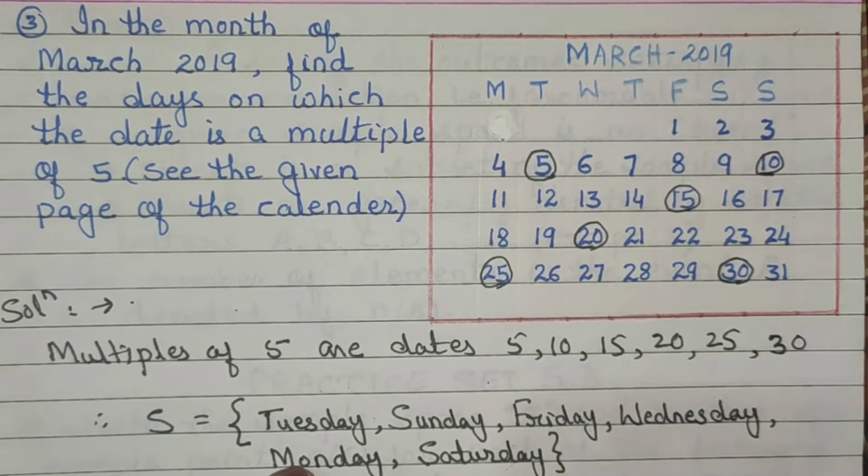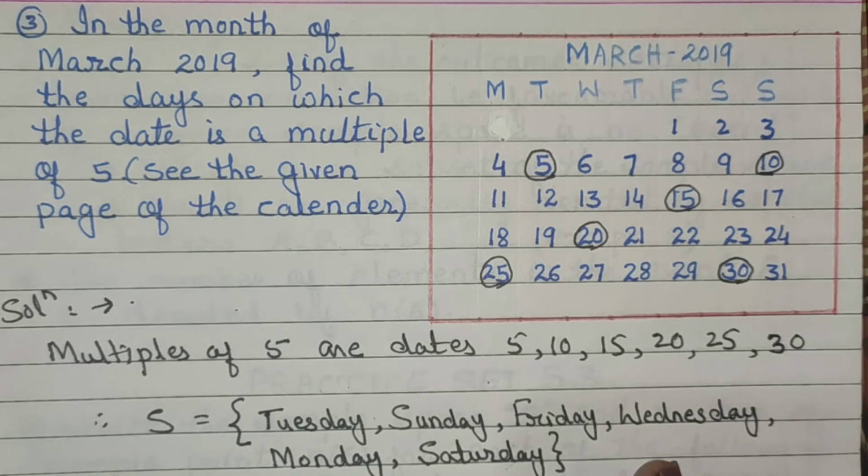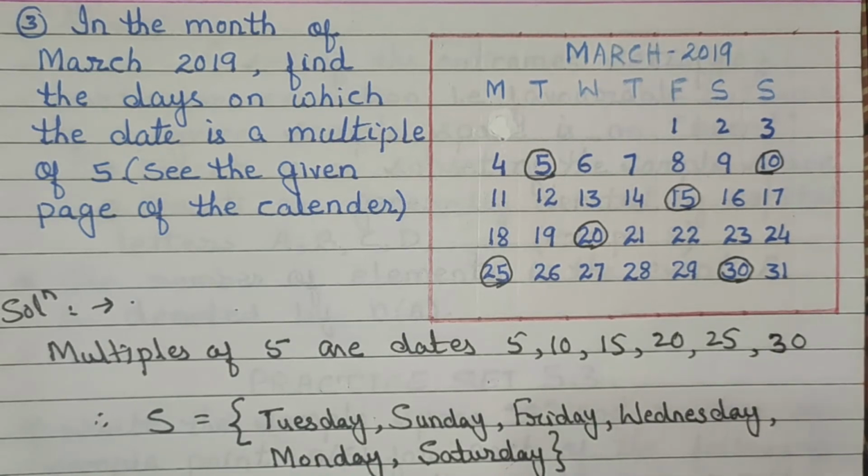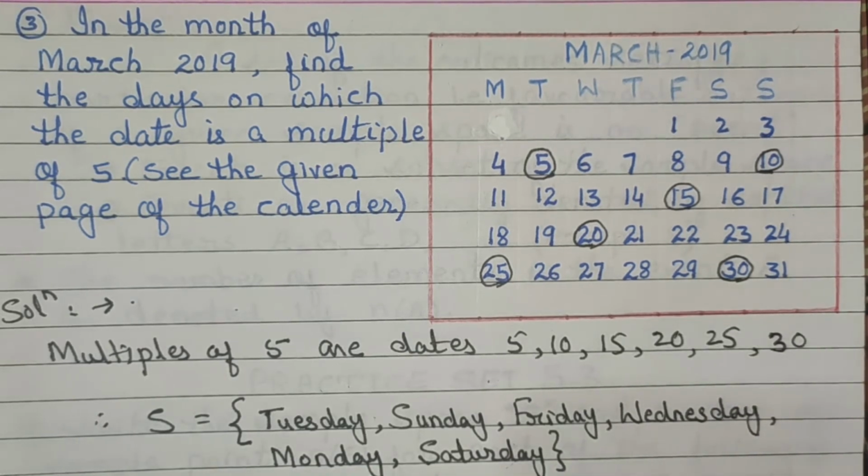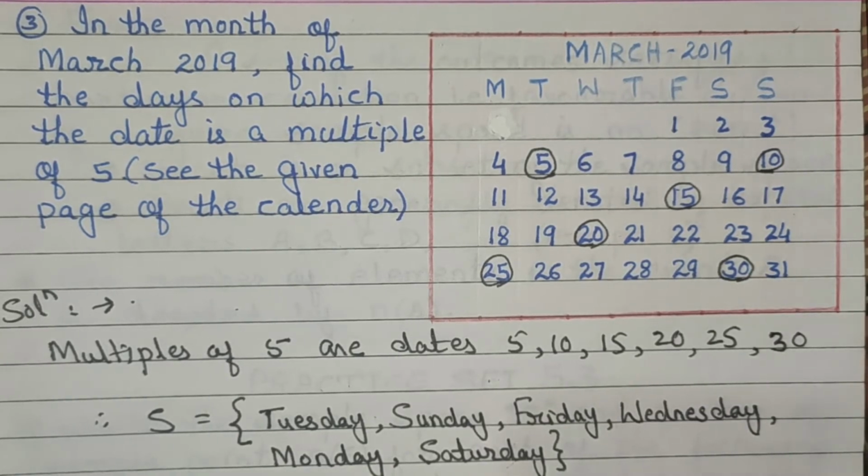Now we get here days are Tuesday, Sunday, Friday, Wednesday, Monday and Saturday. Therefore, n of S is equal to 6.